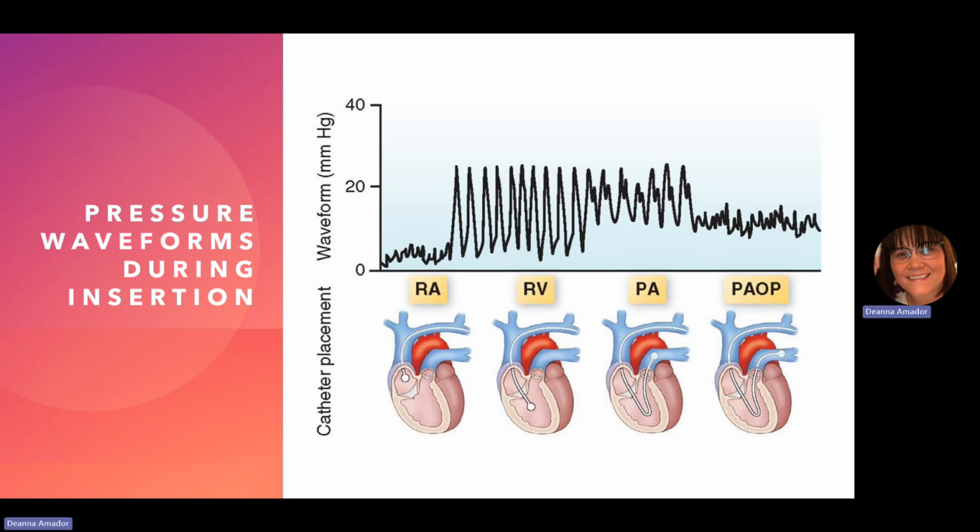As I said, we kind of talked about afterload, which is SVR, systemic vascular resistance. You should know that your SVR is a measurement of afterload, which is the resistance, or that pressure, that your heart has to pump against.